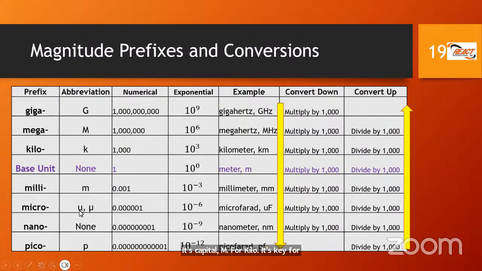For micro, you can either use the little letter u, or lowercase u, or if you can type the letter mu, which is a Greek letter, mu, all right? Of course, nano is N. Sorry, again, we have a little error on the slide. And pico is P. So we'll correct this slide for you folks.